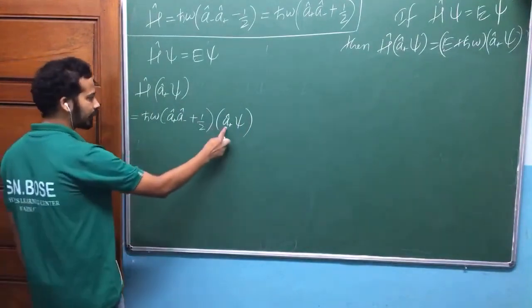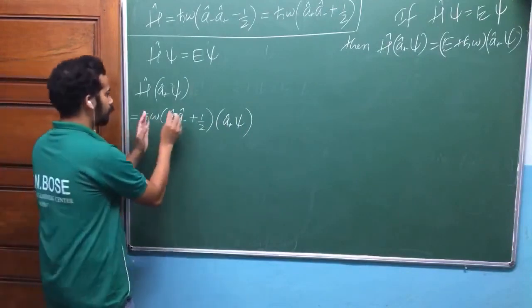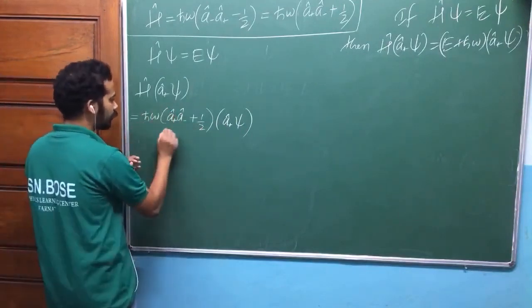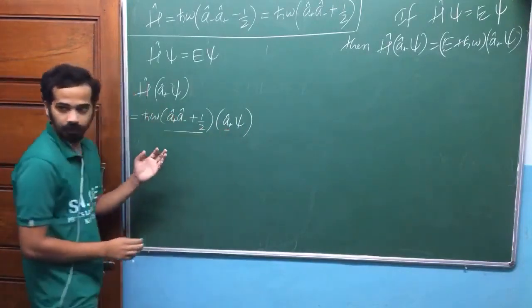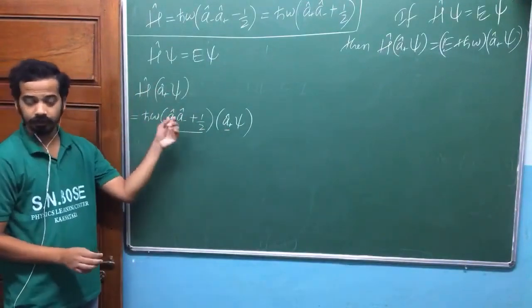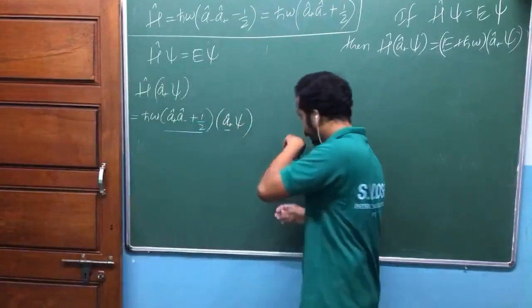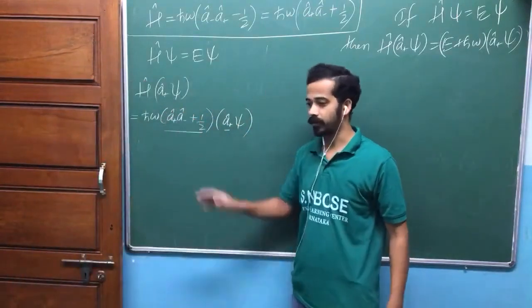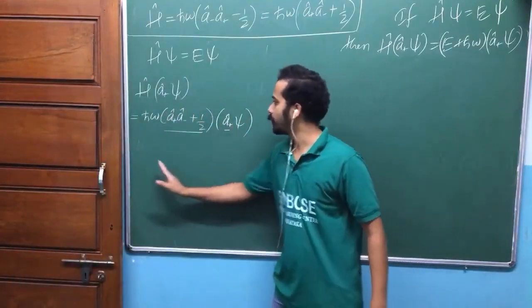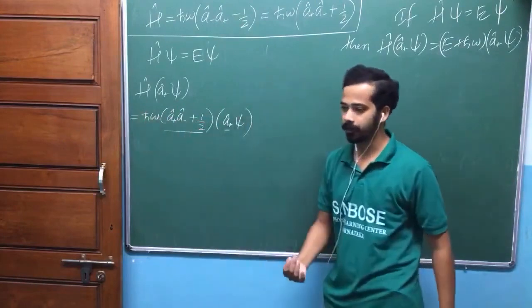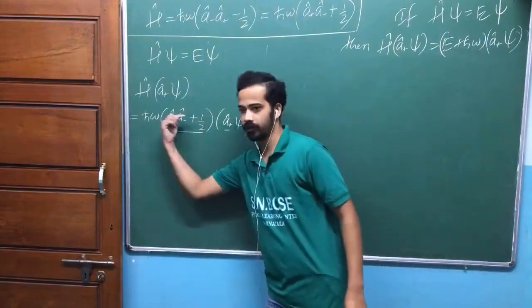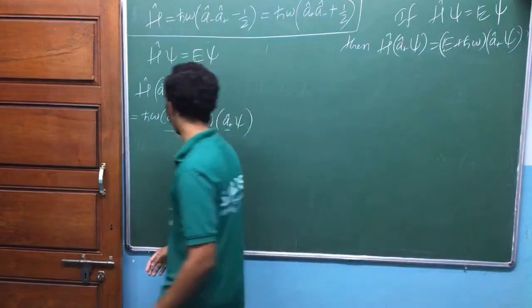You can't keep that a plus cap here. This whole thing is one operator. This is another operator. It should be in that order only. This should be first, this should be next. Now you can shoot in this a plus cap from this side, but you can't keep this a plus cap here, and you can't multiply in this side.